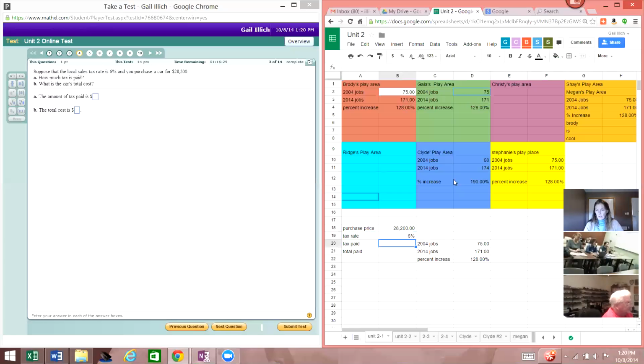So how would I figure out the tax paid? You already told me, right? Just multiply. I'm just going to take the B18 and multiply that by the rate, which is B19, and hit enter. So that's the tax paid, and then the total cost, how would I find that? You need to add the purchase price and the tax paid together.